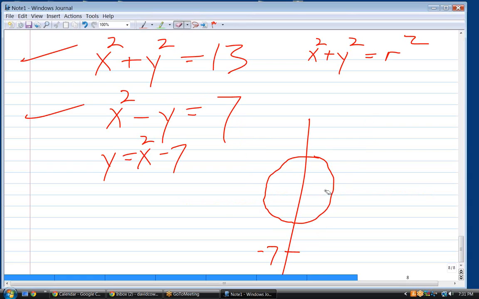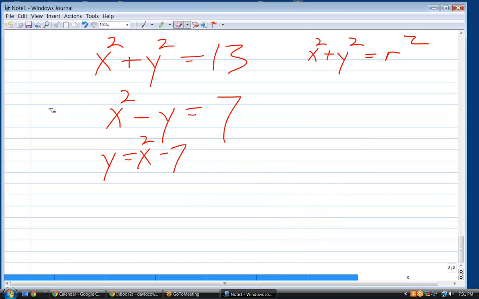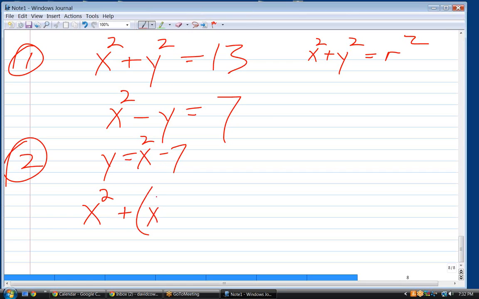So let's see. We're going to solve it by substitution, which means we're going to solve the second one, which I've done already. Now we substitute that in for the first one. So we get x squared plus (x squared minus 7) quantity squared minus 7 equals 13.